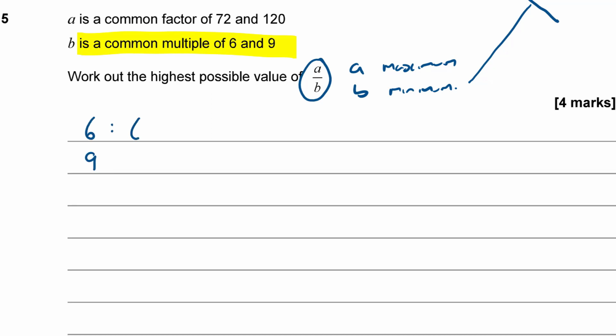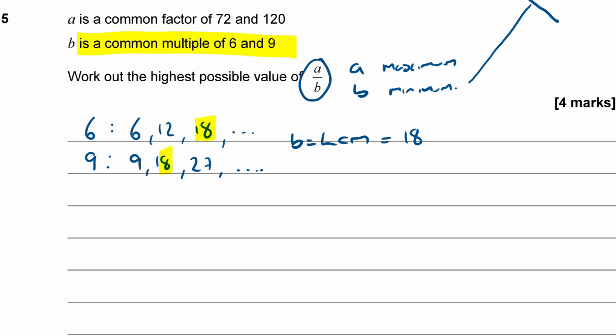The multiples of 6 are 6, 12, 18 and so on, and 9 is 9, 18, 27 and so on. So you can see we found our lowest common multiple already. 18 is there, 18 is there, so our LCM of those two numbers is 18. So that's going to be my value of B.